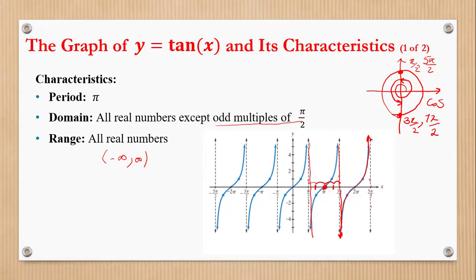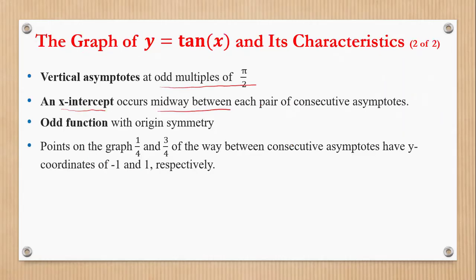After finding the midway, we find the 1/4 and 3/4, which is the midway between the midpoint and each of those asymptotes. And to find the y value of those 2 points, we always have a rule that the y values of those 2 points are -1 and 1.